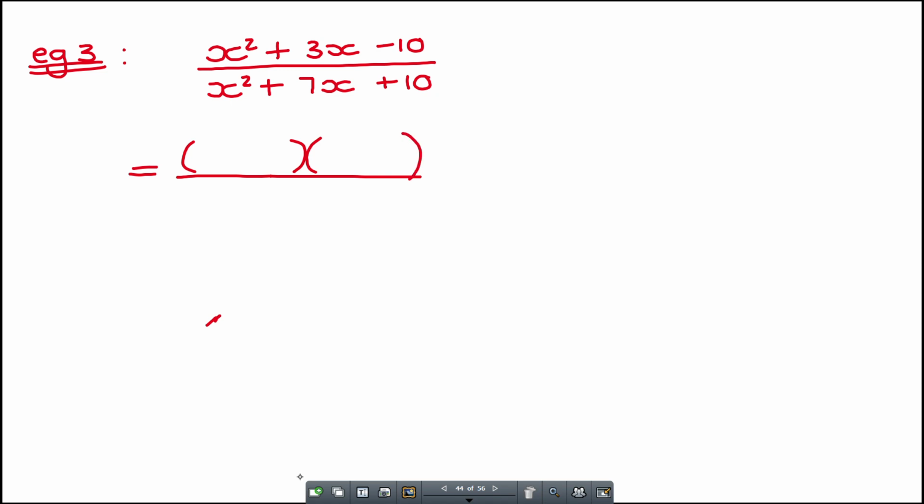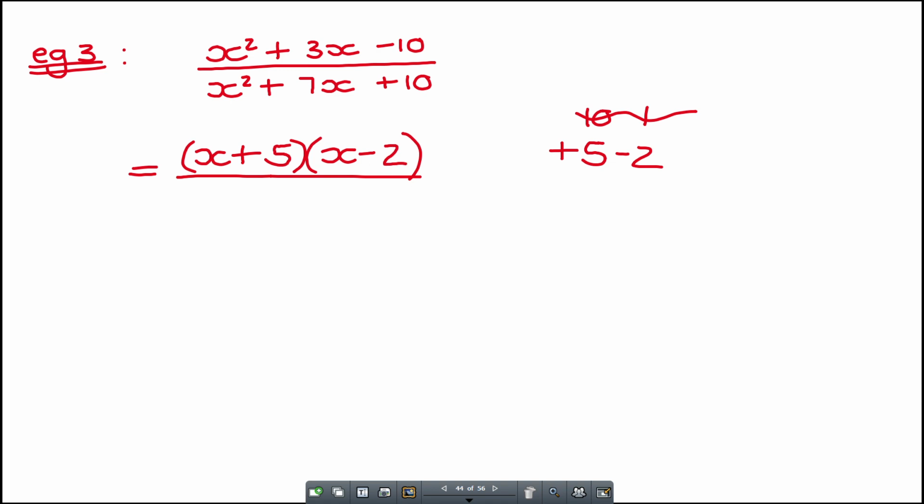Because that's a minus, it's going to be a plus and a minus: x plus something, x minus something. Factors of 10: 10 times 1 or 5 times 2. And I've got to use that to get a positive 3. So it's going to be 5 minus 2. So positive 5 minus 2.